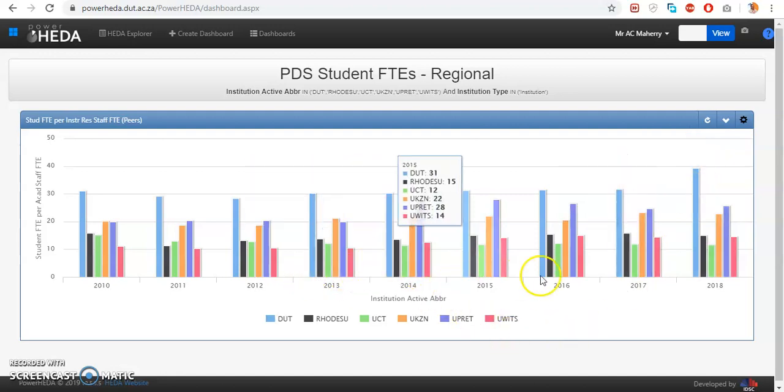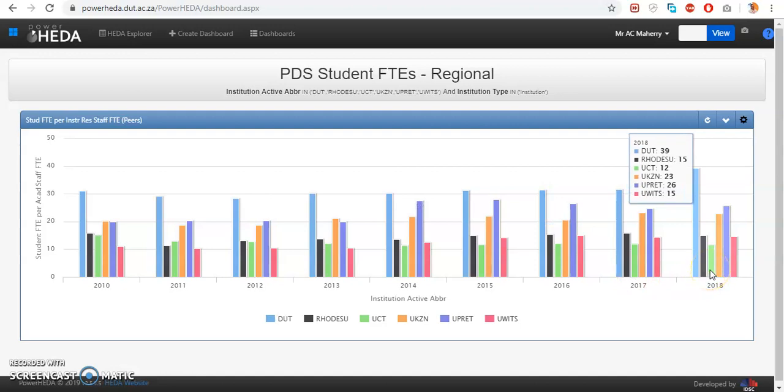However, you can look at UCT. UCT over time is sitting at 12 students per staff. That says a lot in terms of what DUT is able to achieve in terms of their undergraduate credit degree success rate.